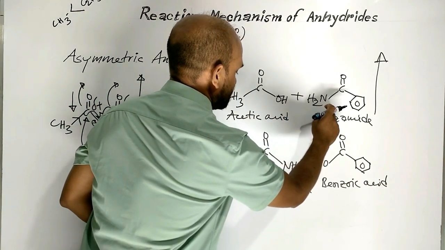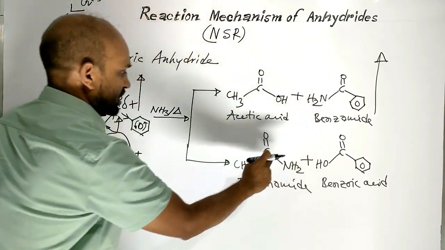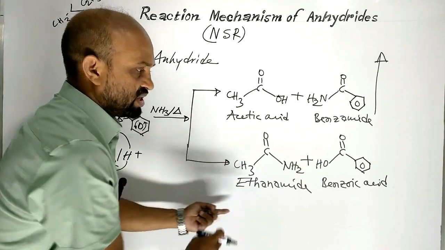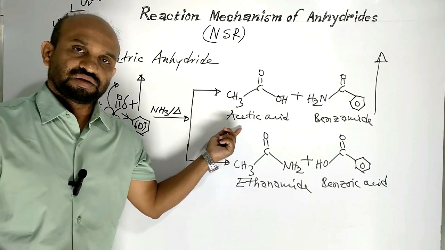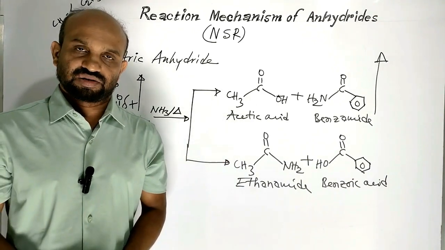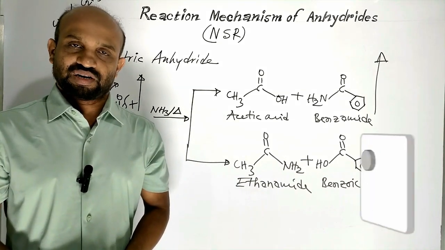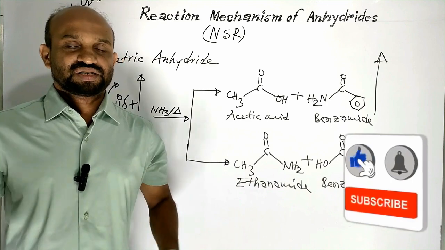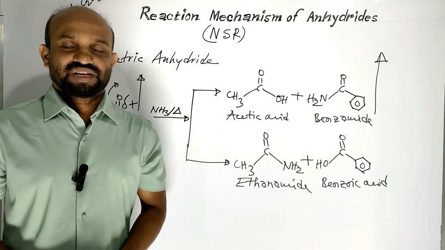So the concentration or percentage of benzamide will be higher and the percentage of ethanamide will be lower. Basically, this reaction will occur for these asymmetric anhydrides. This is all about the reaction mechanism of anhydrides, basically symmetric anhydride and asymmetric anhydride. No more today. Thank you very much.